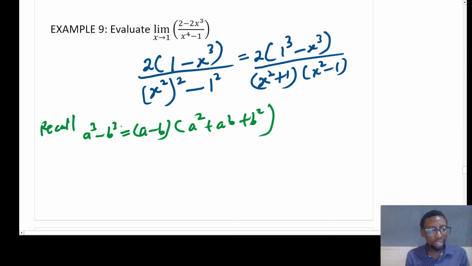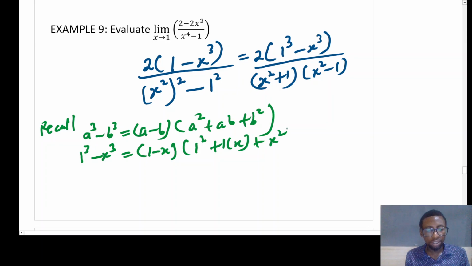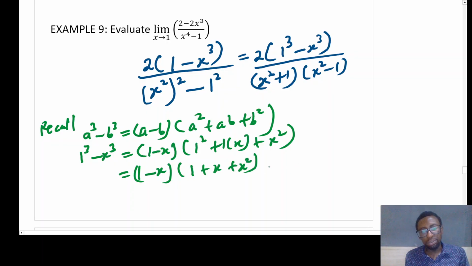So if I want to simplify 1 cube minus x cube, it will give me (1 minus x)(1 squared plus 1 times x plus x squared), and all of that will give me (1 minus x)(1 plus x plus x squared). So let me keep this. That is what I'll put, I'll come and put that here.